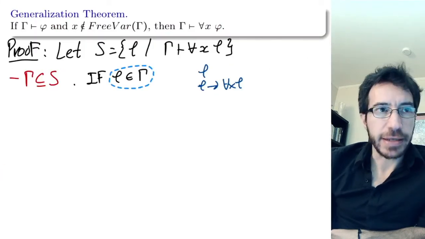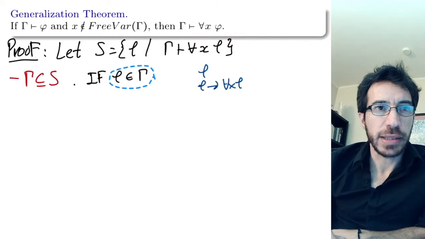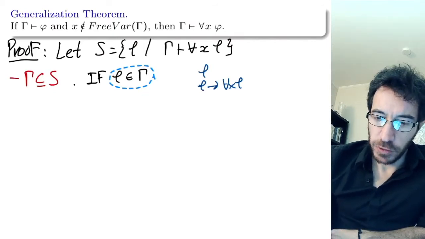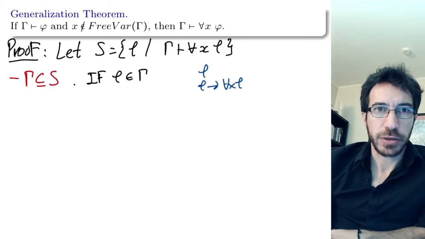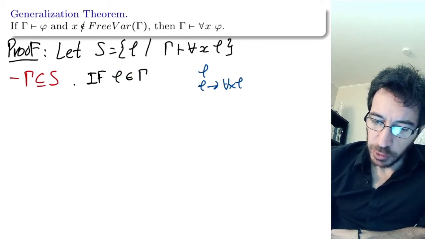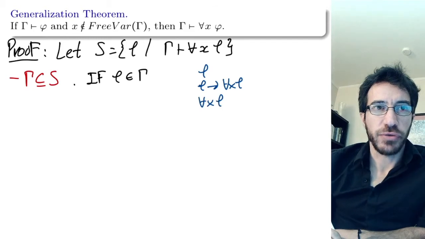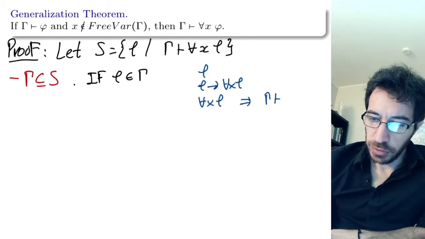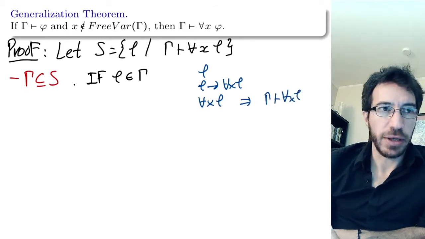Since x doesn't occur free in gamma, it doesn't occur free in there, so that's a group 3 axiom. Then we apply modus ponens and we get for every x phi. So that's a deduction showing gamma proves for every x phi, and phi belongs to S.